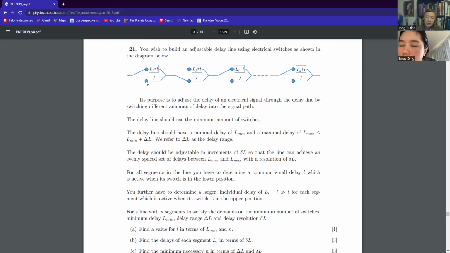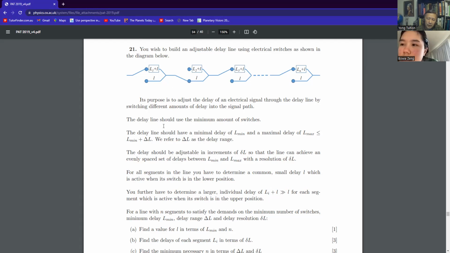So either the switch is down, which is the minimum, a small L, or the switch is up, which gives a capital L, and the capital L could be different. By adding up different delays, the total delay time will be changed. So obviously there's a maximum and a minimum. There's a maximum and minimum notation here.